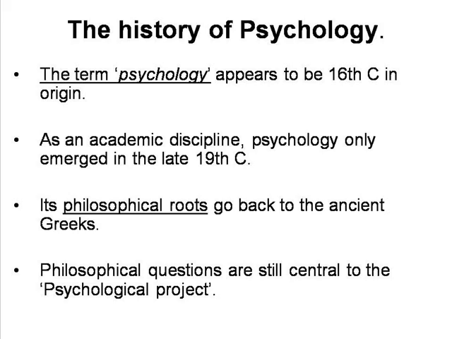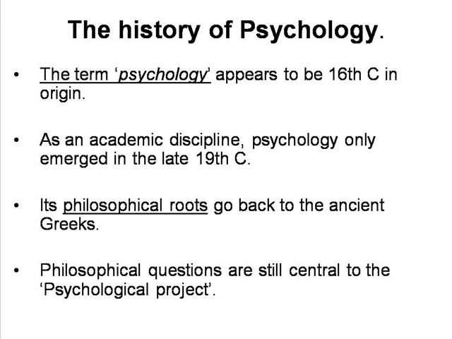The term psychology, psychologia, appears to have first been used in the 16th century by the Dalmatian humanist Marko Marulic, but it wasn't until the late 19th century that the modern science of psychology emerged.